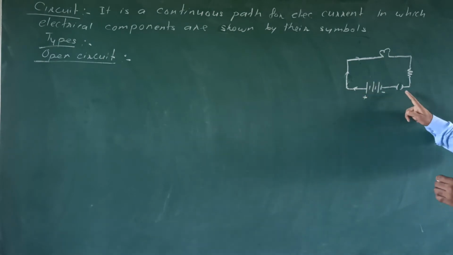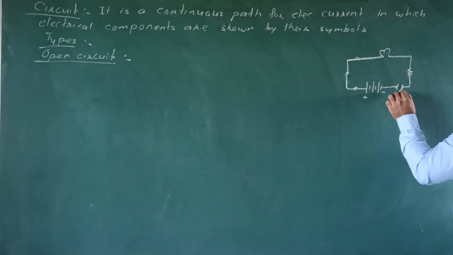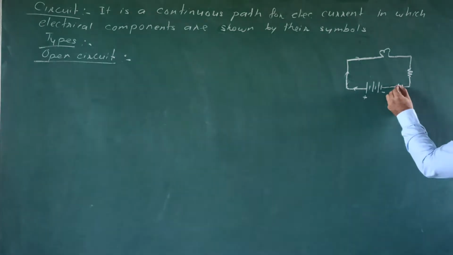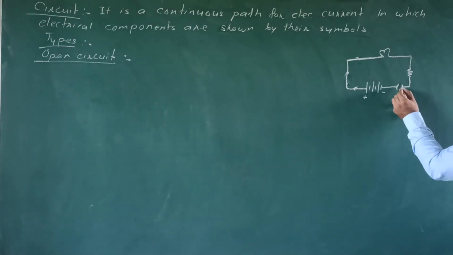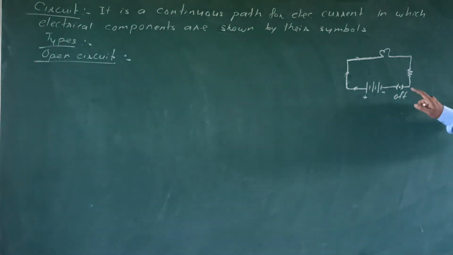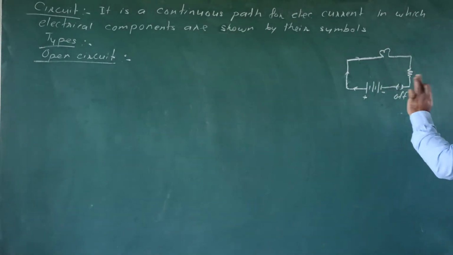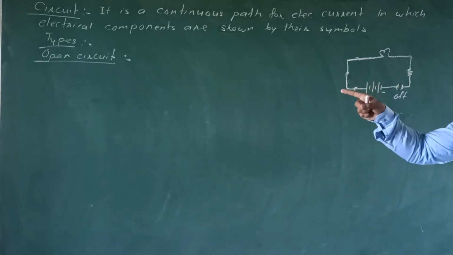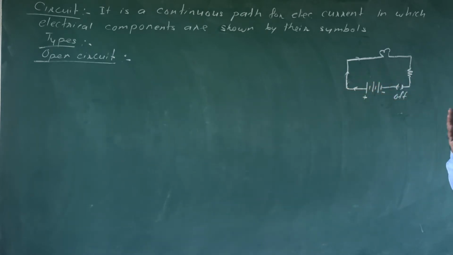This is the switch and this switch is in the off state. The symbol for a switch in the off state is this, and for the on state is this. When the switch is off, the circuit is broken, no current can flow, and the circuit is an open circuit.